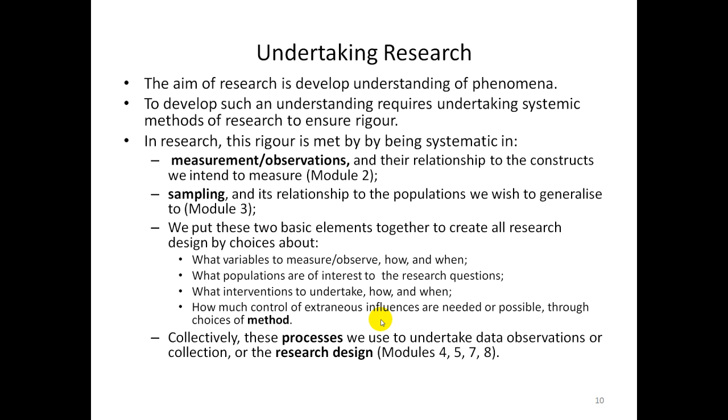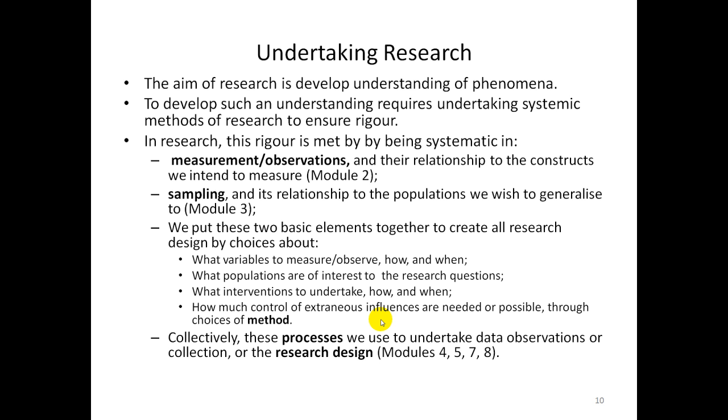We need to be systematic in sampling and our sample relationship to the population to which we wish to generalize. And we deal with sampling in Module 3. And from these two fundamental elements of research design, together all research designs are created.